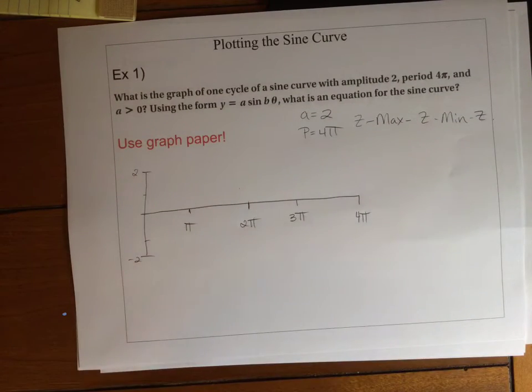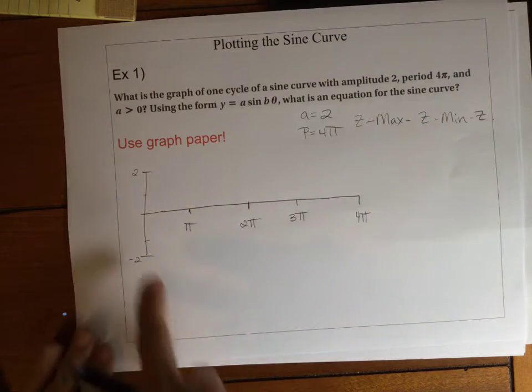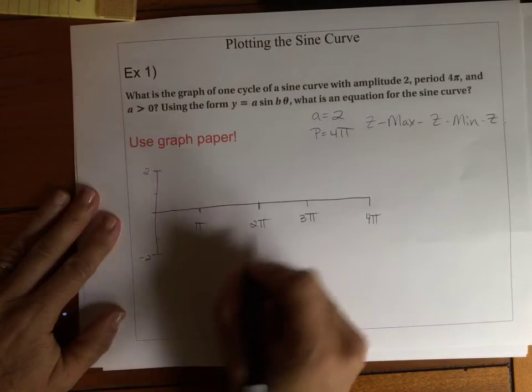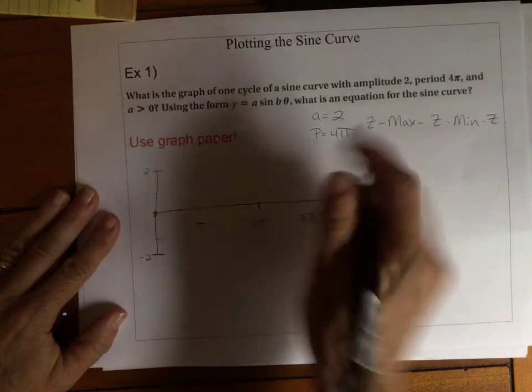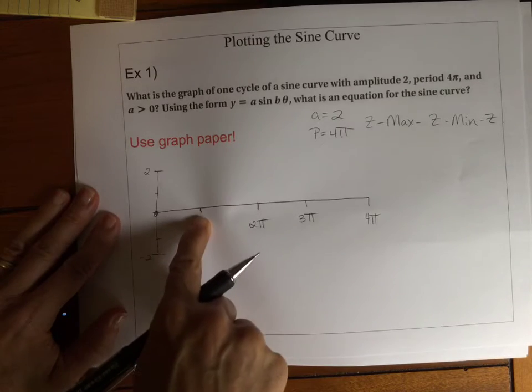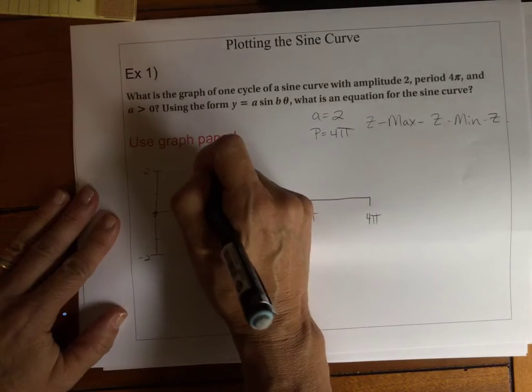If you guys have your notes still in your notebook from what the parent function looked like, it follows the same pattern even though our x-axis might be different. So at each of these sections, we're going to make one of those patterns. So at 0, we're at 0. Next section, we're going to go up to max.